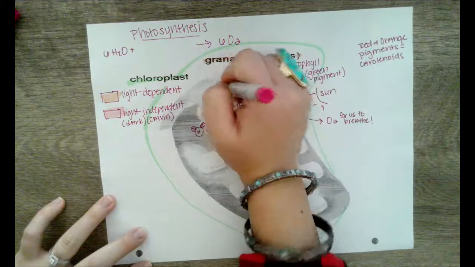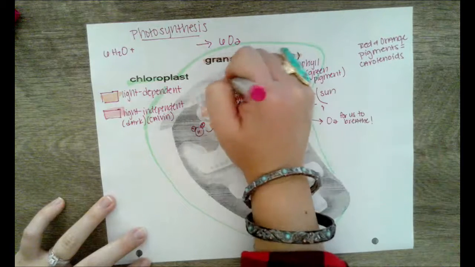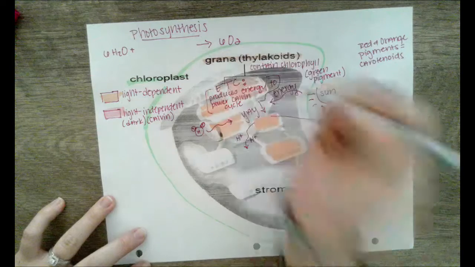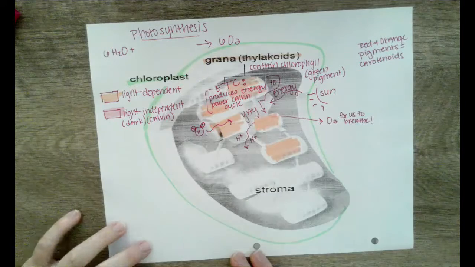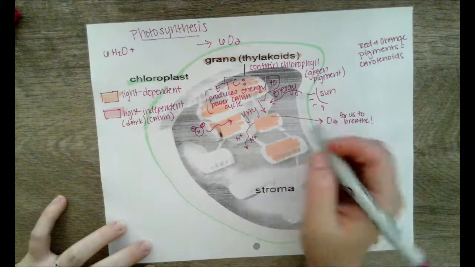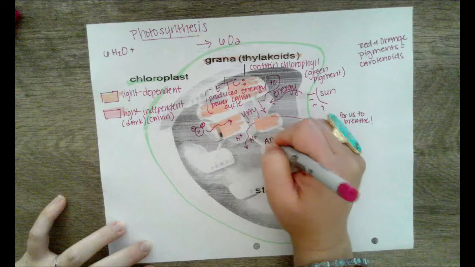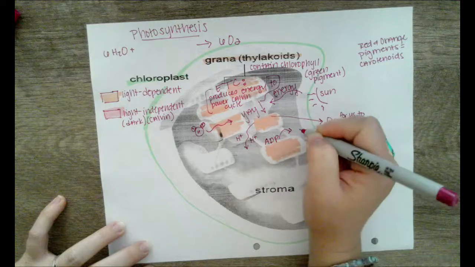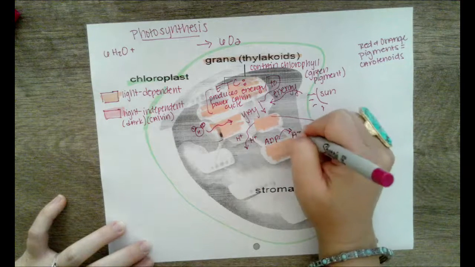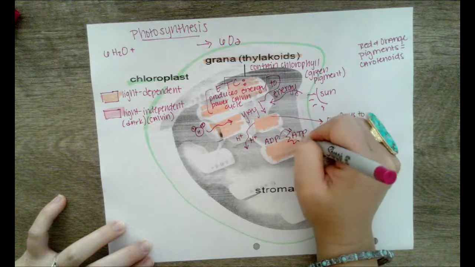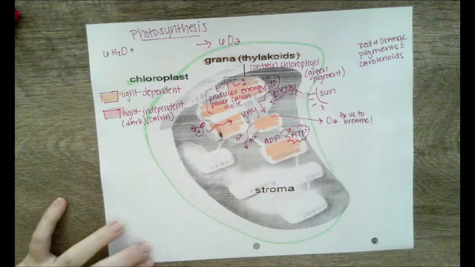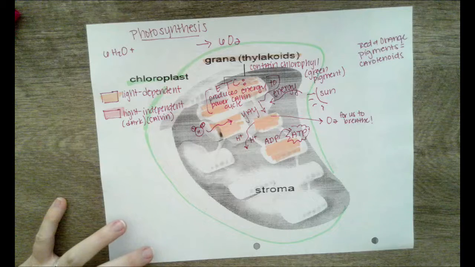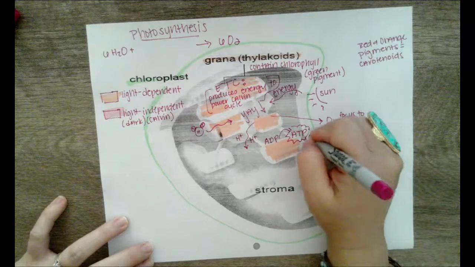This is the electron transport chain. This energy is helping to turn ADP into ATP. Remember, that's the energy that our cells use. This is called ATP synthase.